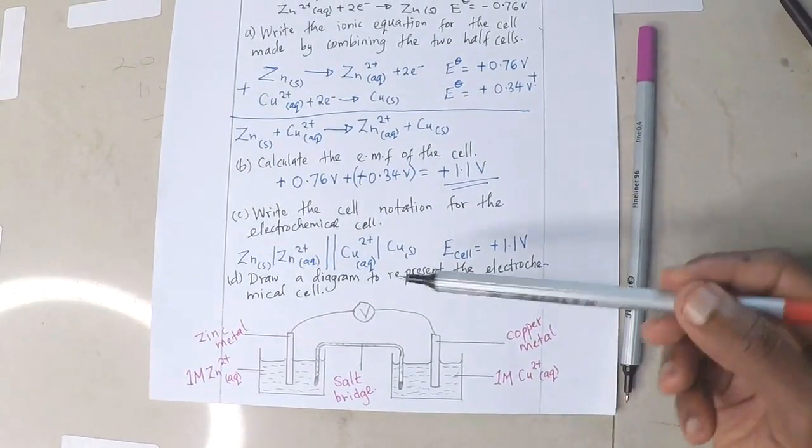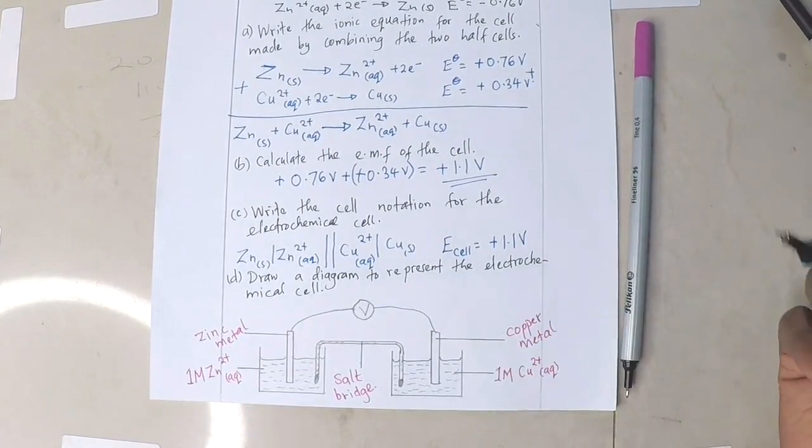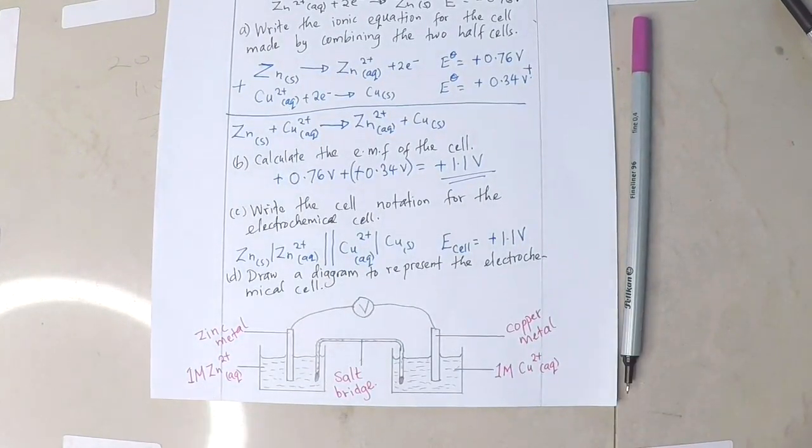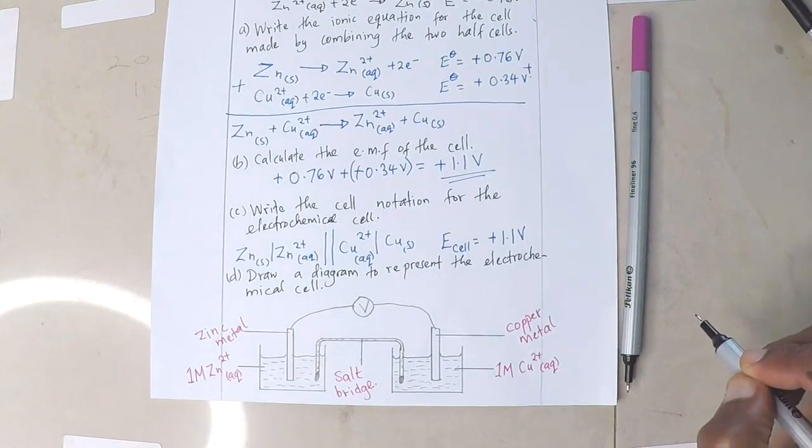When drawing a diagram to represent the electrochemical cell of the zinc copper half cells, there are key things that you must take note of.